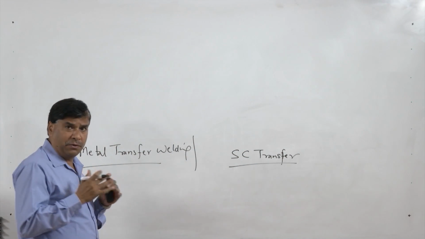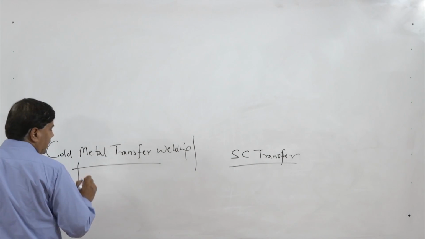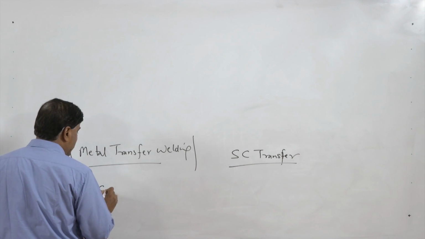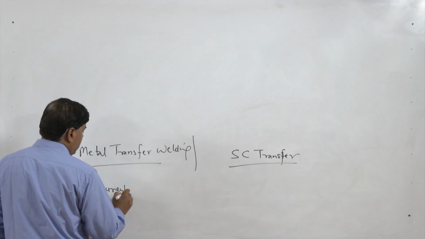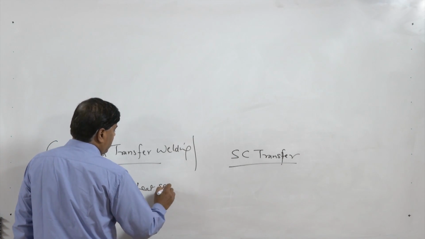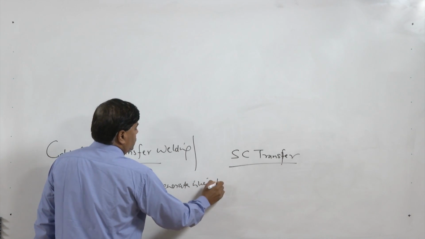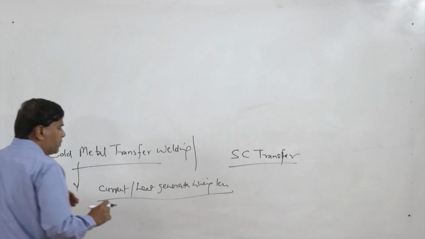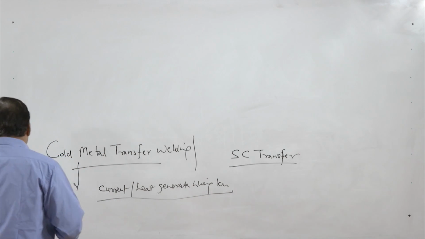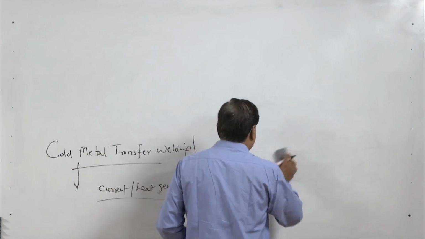Actually this is not cold, but cold means that at the moment when transfer takes place, the current value is less, and the heat generation is very less. So this situation, with respect to the other arc welding processes, has been termed as the cold one, but actually it is not cold.